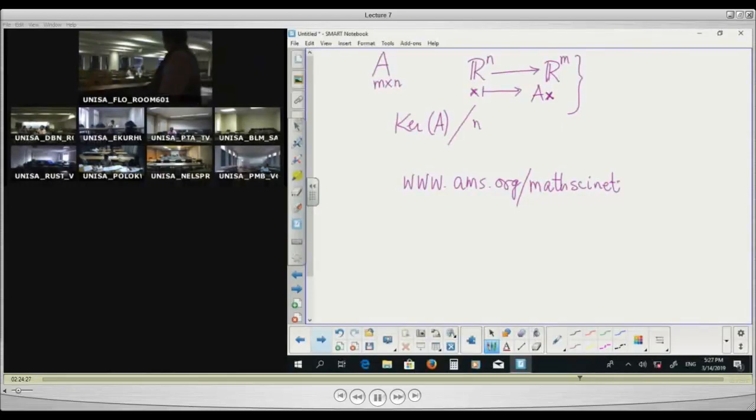Okay? Now, what is null of A? Null of A is the kernel of A, and what is the kernel of A? It is the collection of all those x's such that AX is equal to 0. In other words, the solutions of the homogeneous system of linear equations.